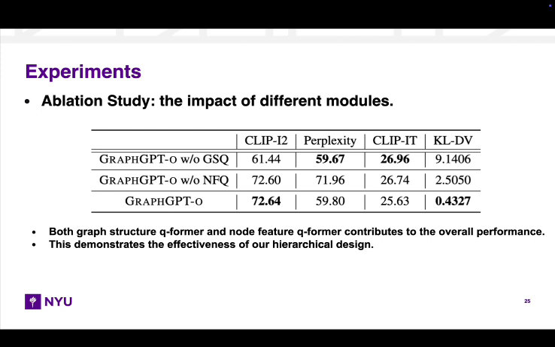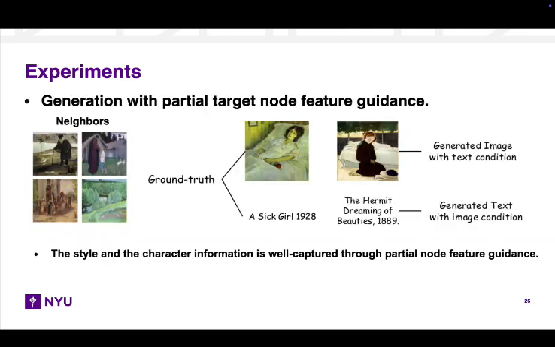Both the graph structure Q-Former and the node feature Q-Former contribute a lot to the overall performance, in terms of CLIP-I2, perplexity, CLIP-IT, and KL divergence.